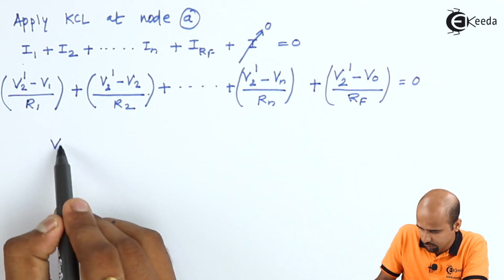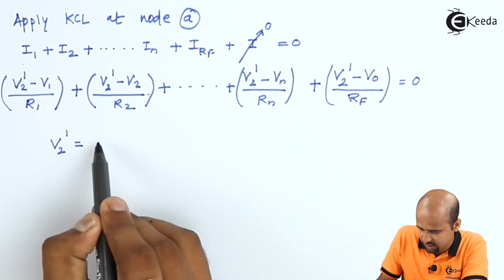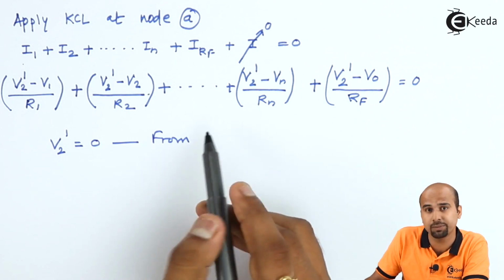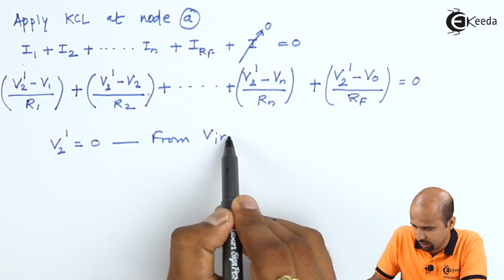Now in that case, we know that V2 dash is equal to 0 from which concept? Yes, the virtual ground concept.